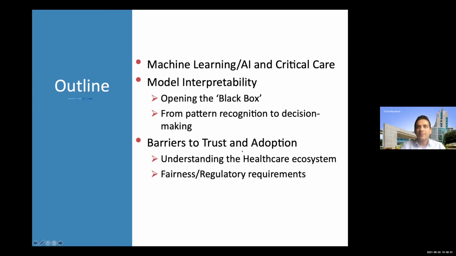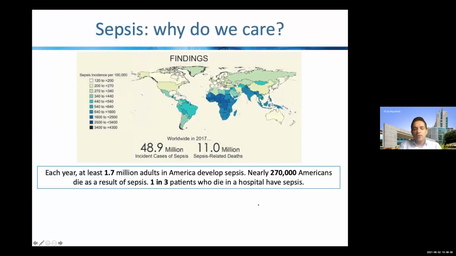A lot of my work over the past 10 years has been focused on intensive care and the application of machine learning to early prediction of various events. One area of focus has been sepsis.